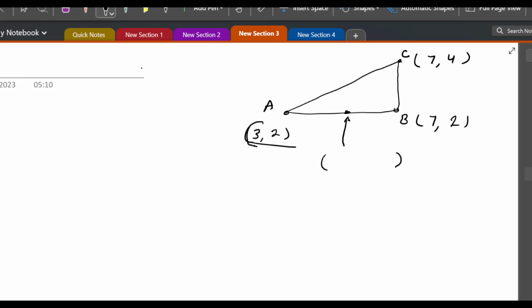The x value here is 3, and here the x value is 7. So what will be the x value of this midpoint? The difference of the x values is 4. So from here to here the difference is 2. So I will say this point will be 2. Fine.